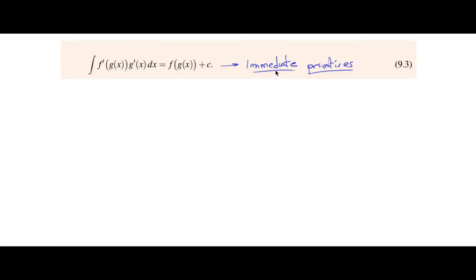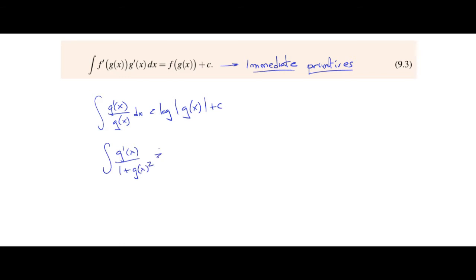Some examples of those are, for instance, if you have g prime divided by g, the primitive of this is the logarithm of the absolute value of g plus c. Always a constant because you never know. You have the primitive of g prime divided by g squared plus 1, which is the arctangent of g plus a constant.